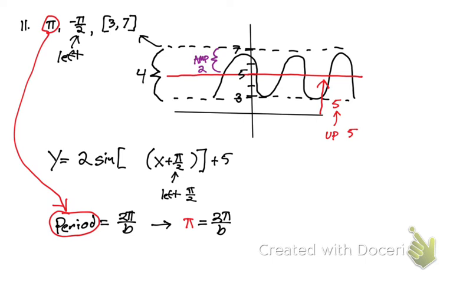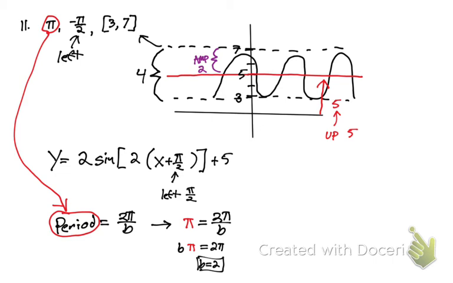You can use cross multiplication, or you can just multiply both sides by b. But let's say you have to do the math. I'd multiply both sides by b. That would give me b times pi equals 2 pi. I would divide both sides by pi, and we come up with b equals 2. That 2 is going to go in that space I just provided.